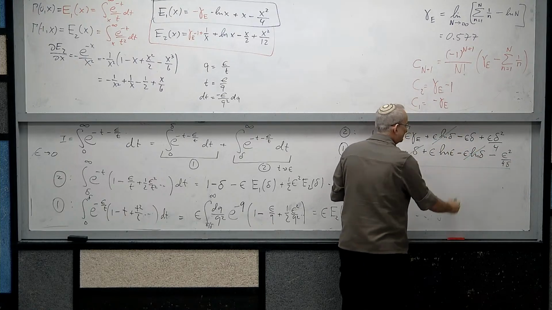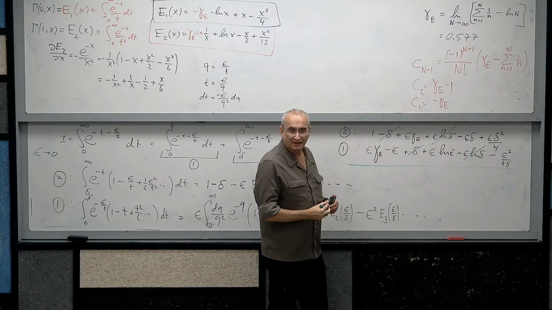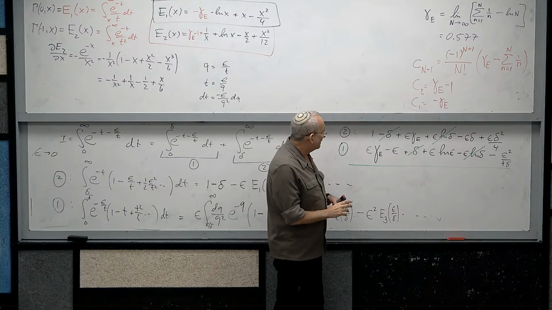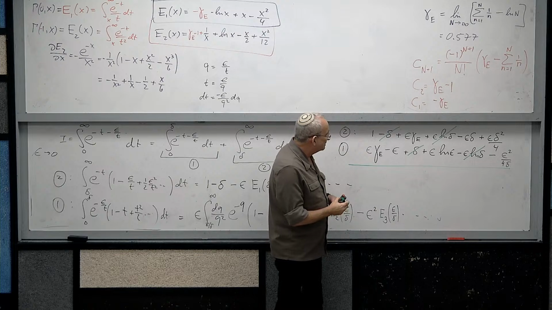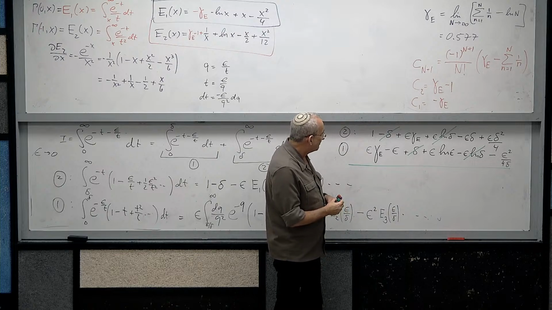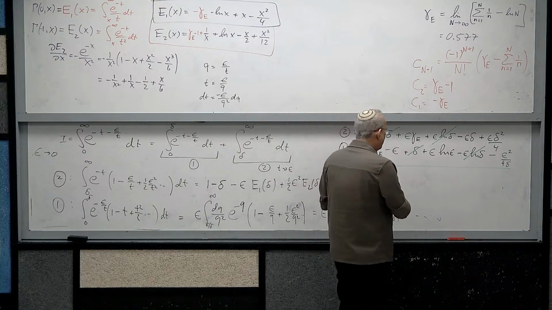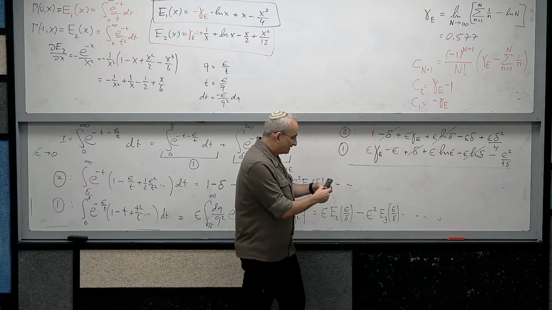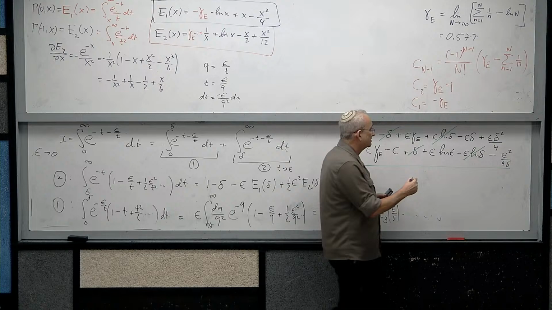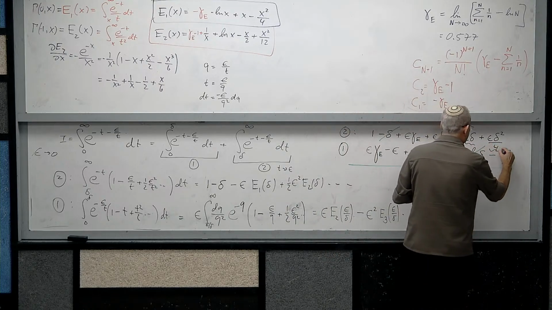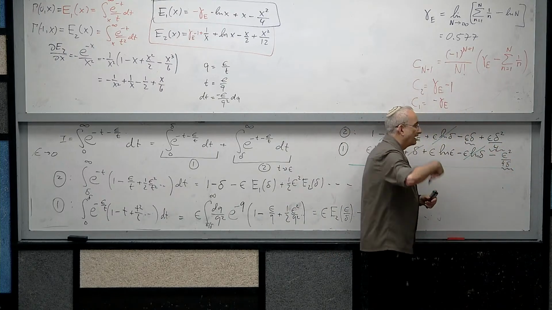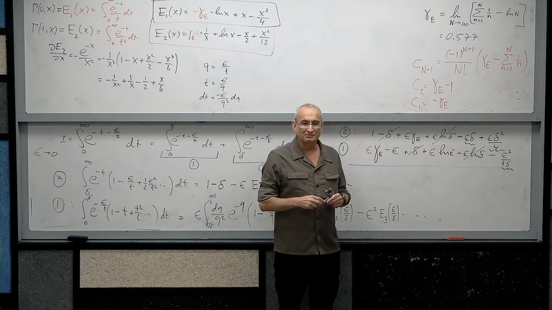And the epsilon gamma terms combine. So all these other terms are smaller than order epsilon.